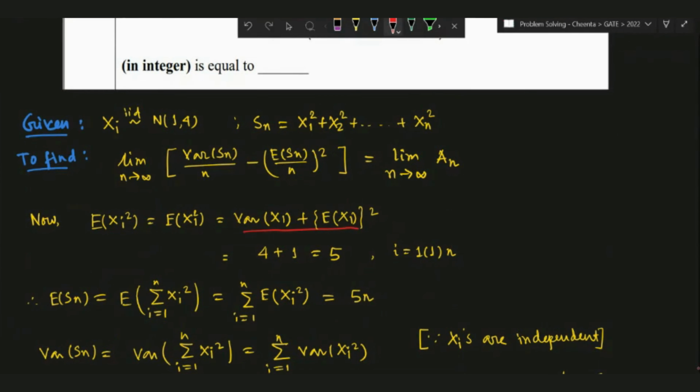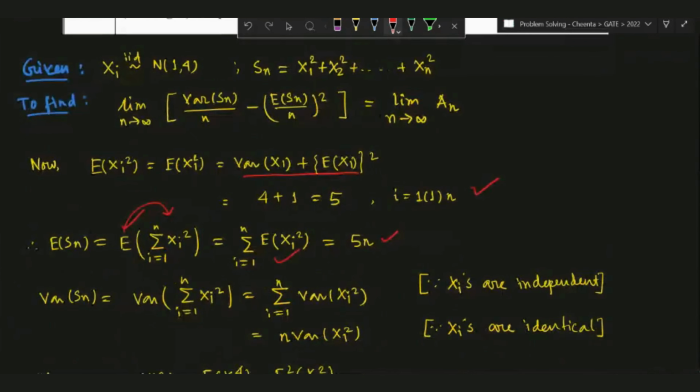Variance of X1 is 4 and expectation of X1 is 1, and its square is 1, so 4 plus 1 is 5. So we have the expectation of X1 square is 5. Now the expectation of Sn is the expectation of the summation of Xi square, i equal to 1 to n, and since expectation is a linear function, it goes inside the summation, and we get the summation of the expectation of Xi square, which is 5 into n, that is 5n.